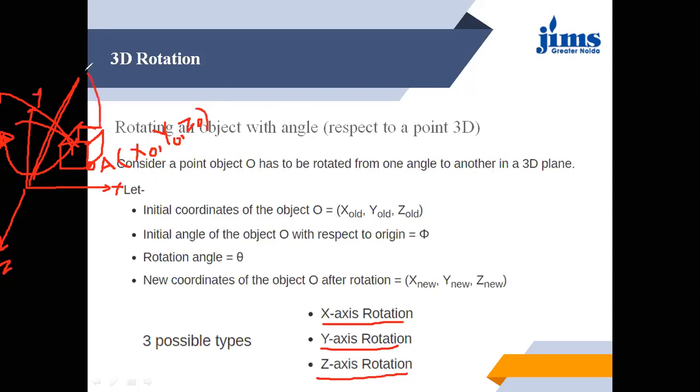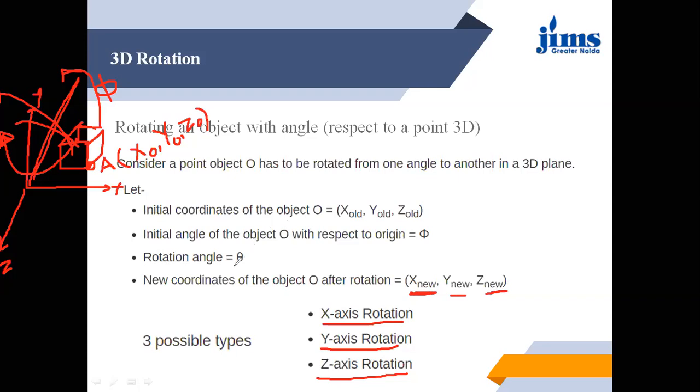As we discussed in two-dimensional rotation also, we saw how we can find the coordinates of the new object after the rotation. So for example, the new coordinates after the rotation are x new, y new, and z new.